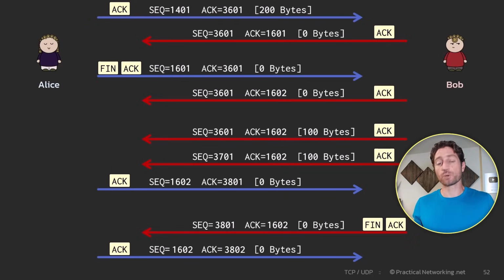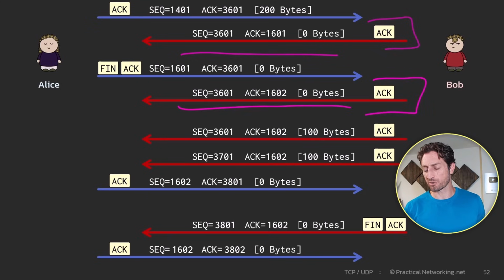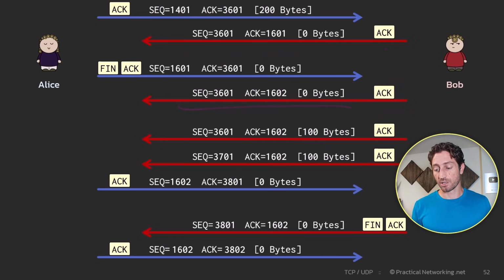Okay, so why do we even do this phantom byte thing? Well, to answer that, I want to point you to these 2 acknowledgements sent by Bob. If we didn't bump the sequence number forward, and therefore the correlating acknowledgement number forward, on FIN flags and also SYN flags from the 3-way handshake, you'd have a situation where both of these acknowledgements would end up looking identical.